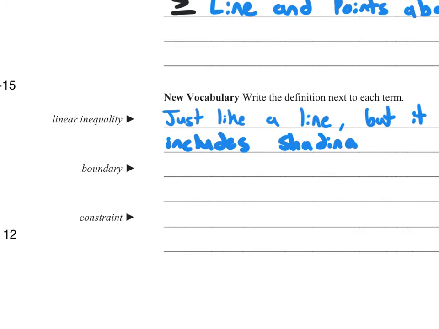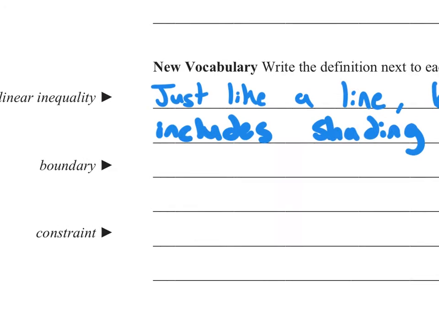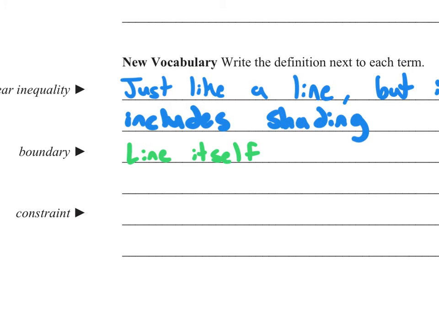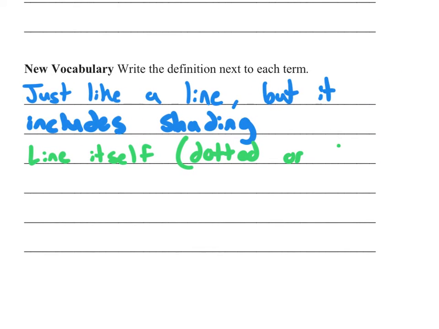It will ultimately be shading above or below the line. The boundary is the line itself, and it divides the solution region from the not solution region. And that line itself can be dotted or solid.